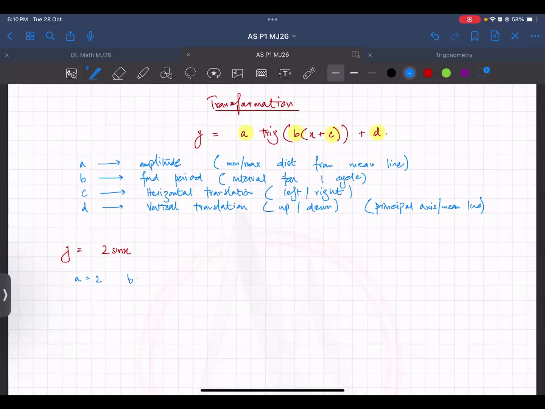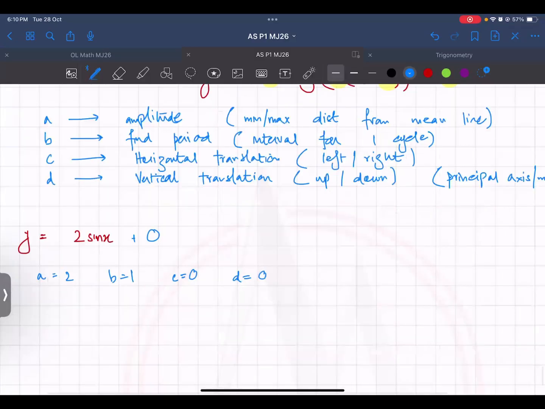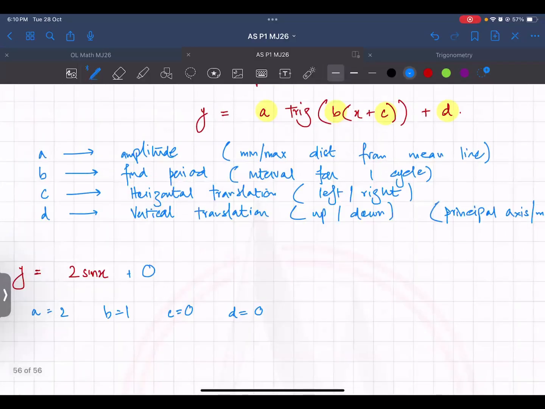Otherwise, your b is 1, your c is 0, your d is also 0. D is outside the trigonometric function being added. So there's nothing being added, so D is 0. Nothing is being added inside with x, so C is also 0. And the coefficient of x is your B, and the coefficient of the trigonometric function, sine x, is your A.